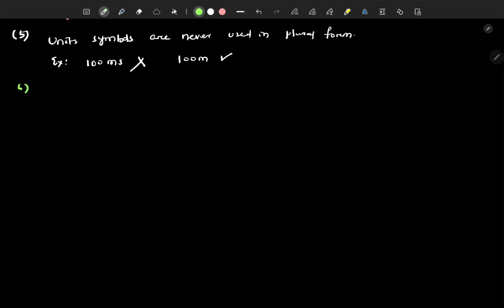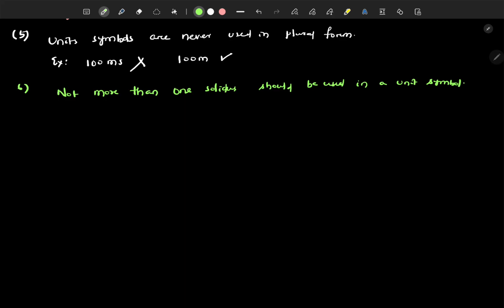Then point number 6: not more than one solidus should be used in a unit symbol.